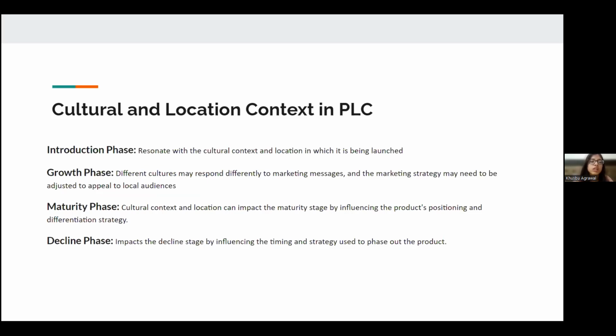So talking about the cultural and location context of Worldlink in the context of product life cycle, one by one. Talking about the introduction stage, during this stage, the product is usually newly introduced in the market, and its success or failure largely depends on how well the message resonates with the cultural context and location in which it is being launched.